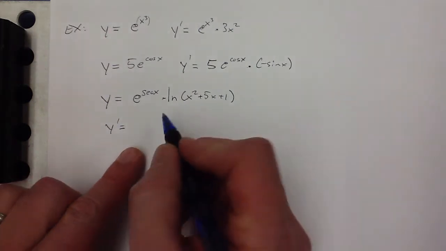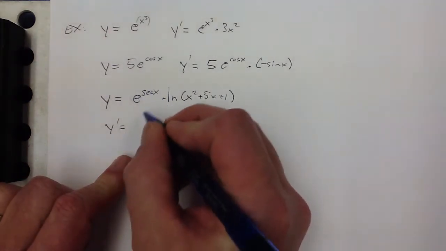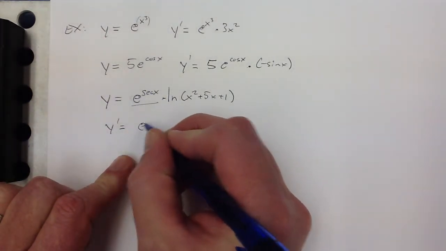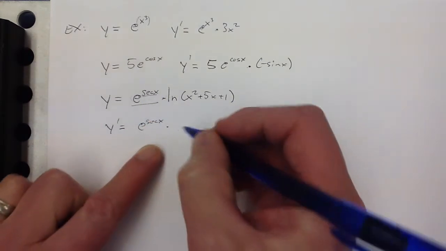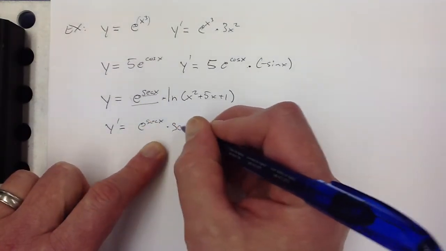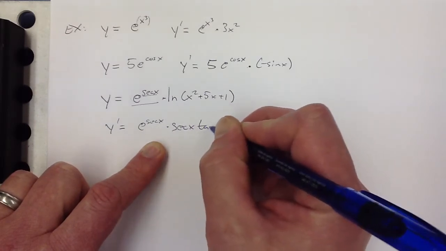So the derivative is the derivative of the first. So the derivative of e to the secant x is e to the secant x times the derivative of what's inside, which is secant x tangent x.